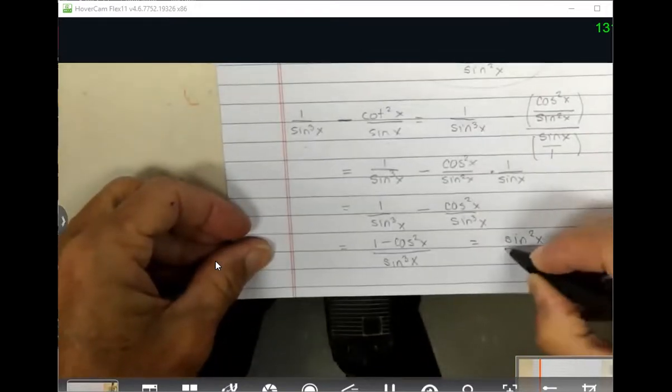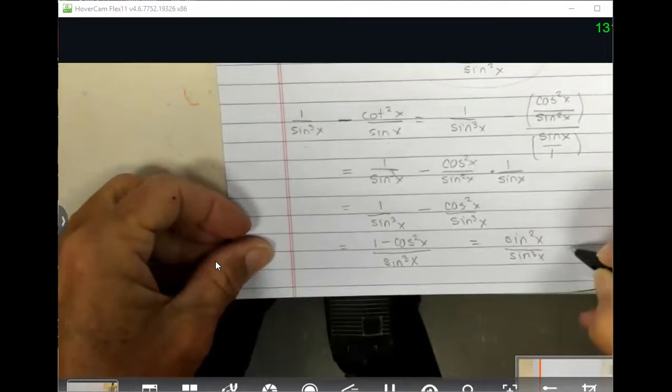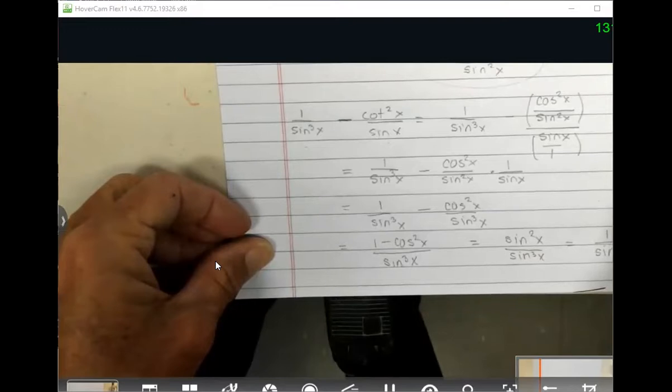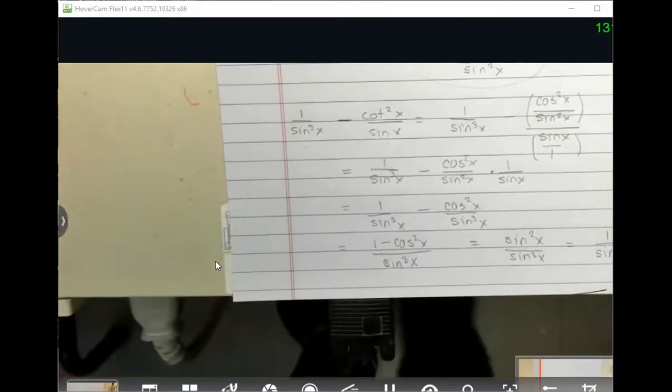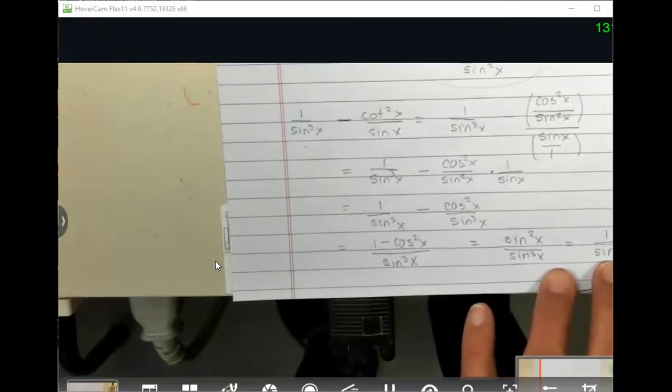So I have sine squared of x divided by sine cubed of x. Those cancel. 2 from upstairs and 2 from downstairs leaves me with 1 over sine of x. Which trig function is 1 over sine of x? So you can enter the cosecant of x, I believe, as the answer to this one.